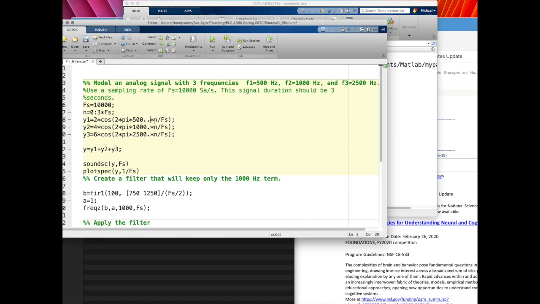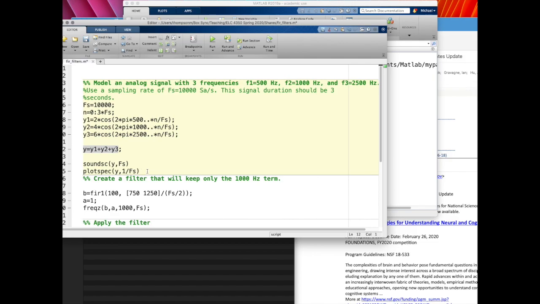So 500 point times n. These are all scalars, so this would actually work either way. And basically we've formed 3 sinusoids of identical length, which lets us in MATLAB add those together.